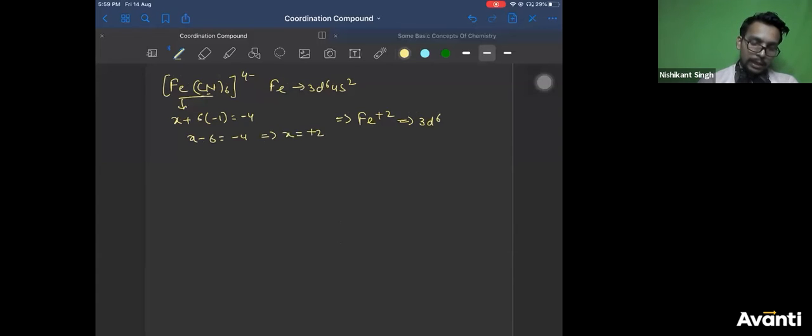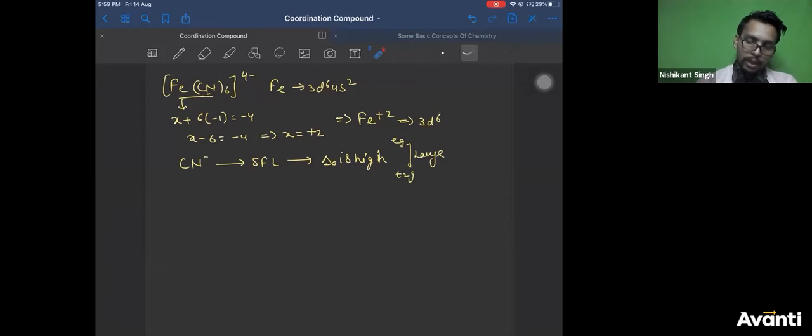Now, is CN a strong field ligand or a weak field ligand? CN minus is a strong field ligand. That means delta O is high. Delta O is high means the gap between T2G and EG is large, so the electron cannot jump to EG. That means electrons pair in T2G.